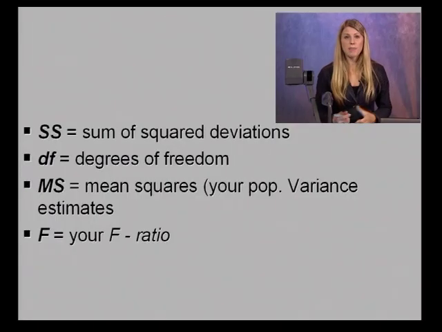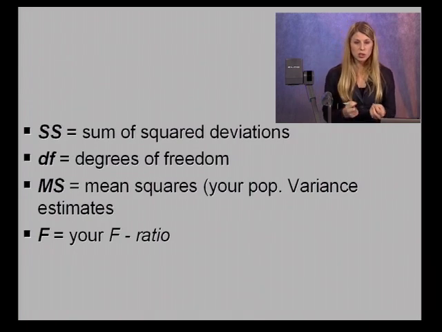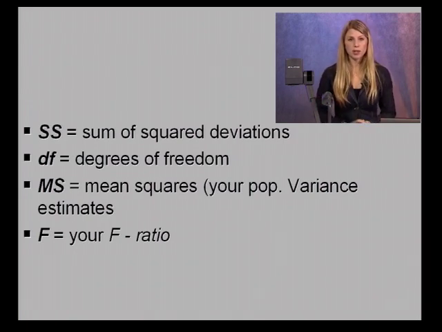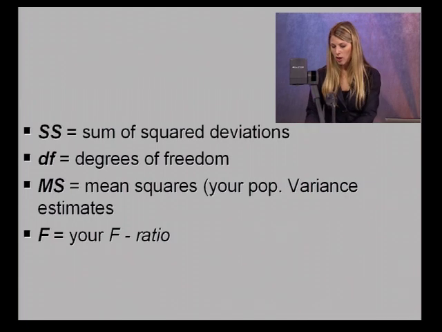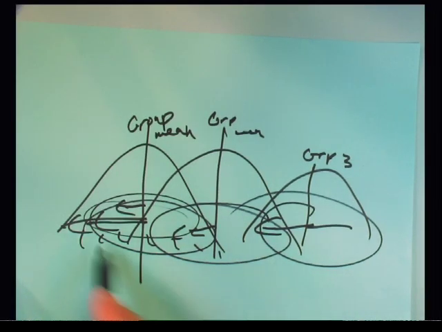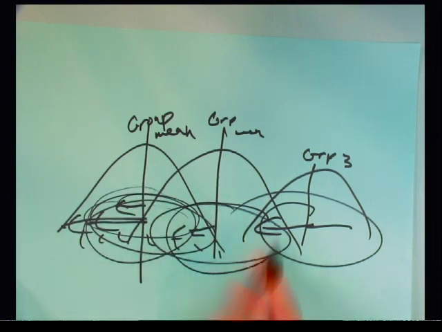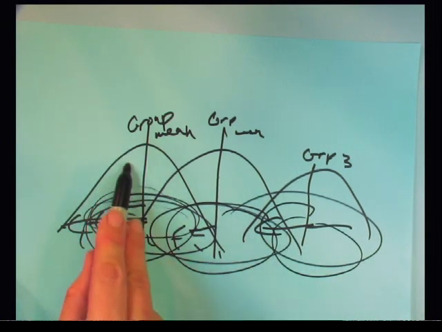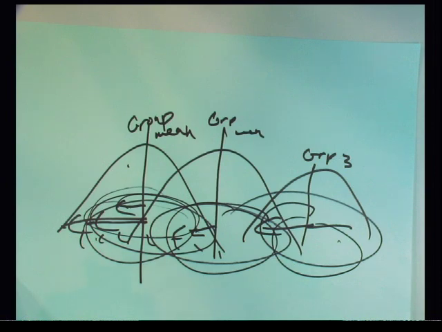And the MS, or the mean squares, is your estimate of the population variance. So you would take the average of all of these variances and divide by your degrees of freedom. So you have to use the degrees of freedom for total. So it's the total n in all of these groups minus 1 for each group. Okay.